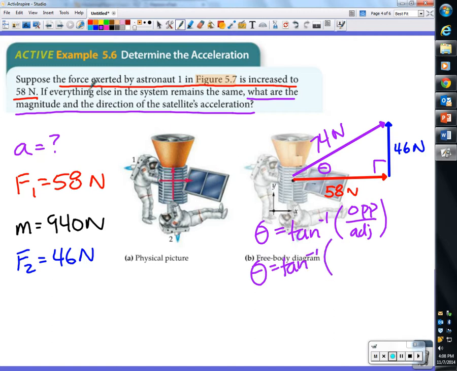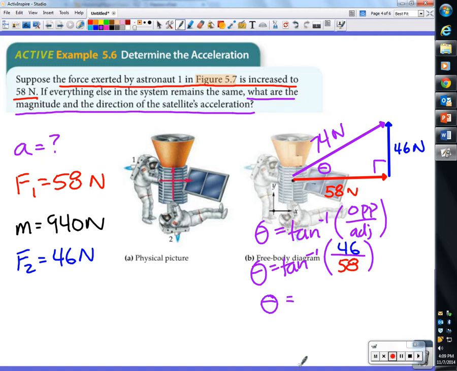In this case, our opposite side is 46. Our adjacent side is 58. Make sure you're in degrees, or you're going to get your angle theta in radians.